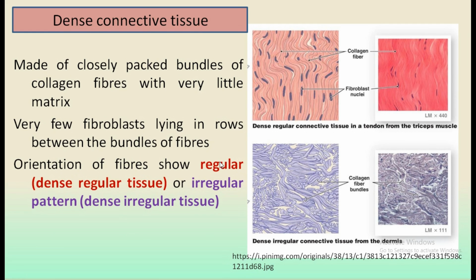If the fibers are arranged regularly, then it is a dense regular tissue, and if the fibers are irregularly placed, then it is a dense irregular tissue. So this is a dense regular connective tissue in the tendon, and this is dense irregular connective tissue from the dermis. Here the fibers are arranged in an irregular fashion, while here they are arranged in a regular pattern.